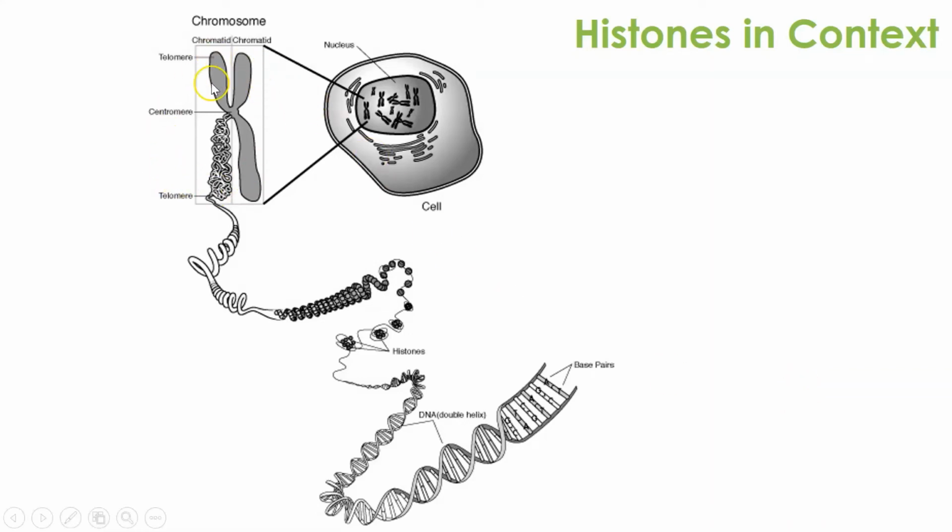There is our X-shaped chromosome. You can see a chromatid on the right-hand side and the sister chromatid on the left-hand side, and there's the centromere in the middle. You can also see where the chromosome is located. There is the plasma membrane around the outside, and here is the nucleus, and we can see a whole bunch of little X shapes inside, little chromosomes inside.